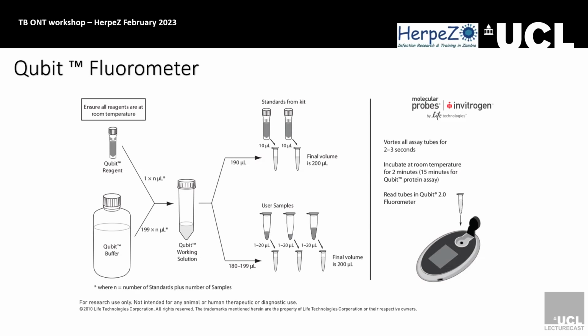You start with your standards: measure standard 1, then standard 2, then get the curve, and then add your samples to tell you what the concentration is. You can tell the Qubit how much DNA you put in, and it will calculate your actual concentration based on that. So if you put 10 in, obviously you do a dilution as well, so it will still know.